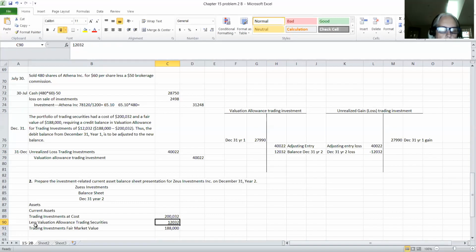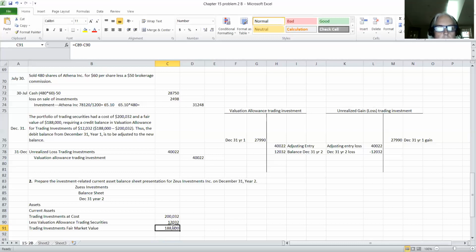So notice here it says less valuation allowance. So these two combined give you the total fair market value of the trading investments, and that would be reflected on the balance sheet. For trading securities, you reflect them on the balance sheet at their fair market values, not at cost, at the fair market value, whatever that is at that particular time.